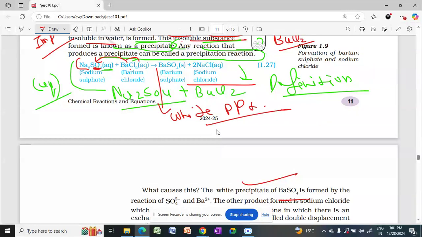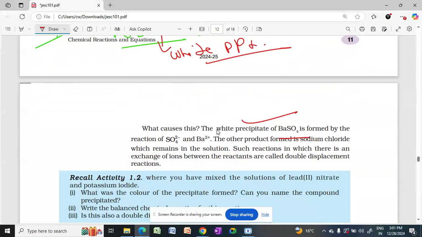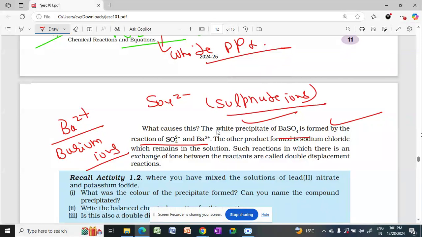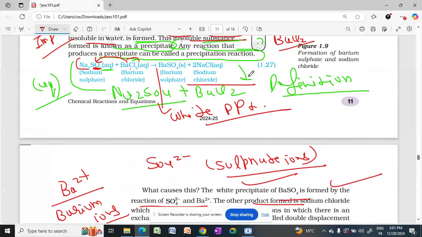The white precipitate is formed because the ions here are Ba2+ ions, which are barium ions, and SO4 2- ions, which are sulfate ions. The other product formed is sodium chloride.